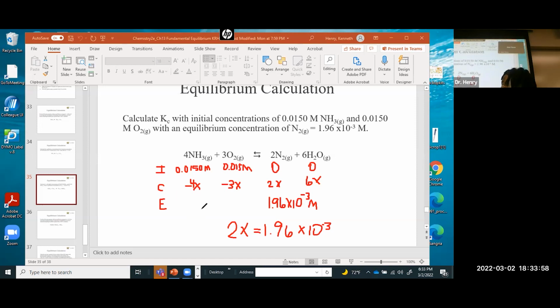And then what would be this number at equilibrium? Would it be equal to x at equilibrium? That's right. It would be my initial concentration minus the 4x.